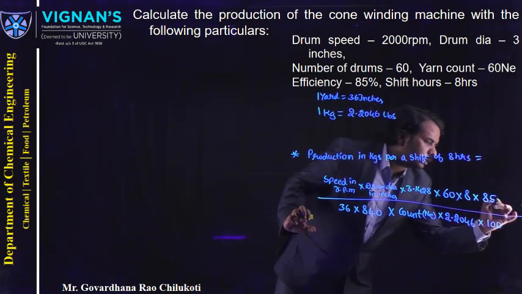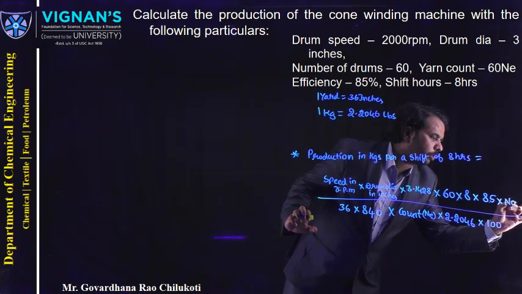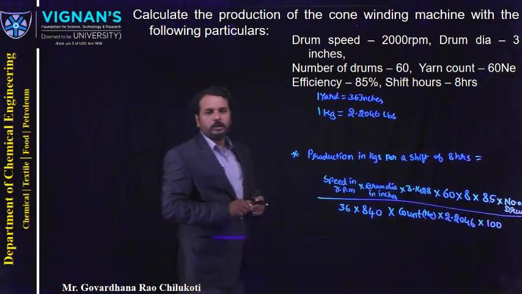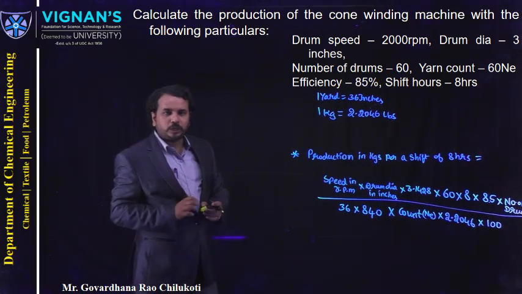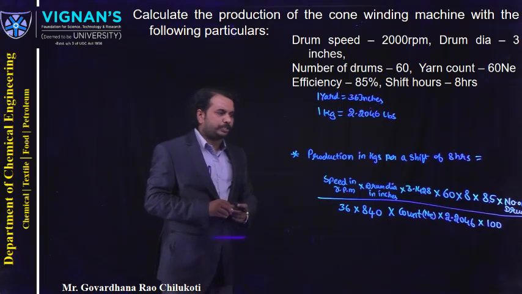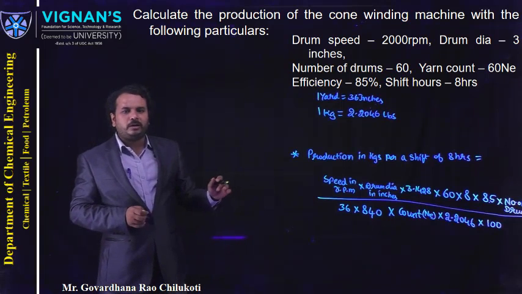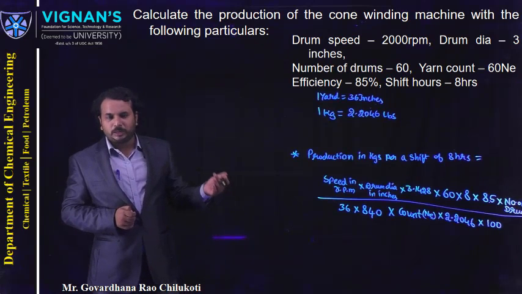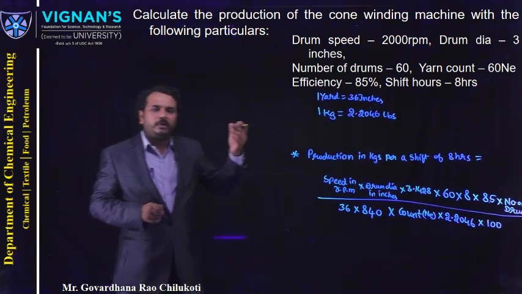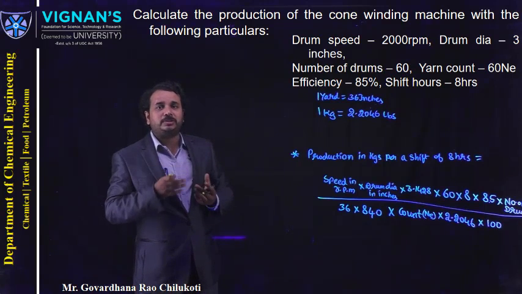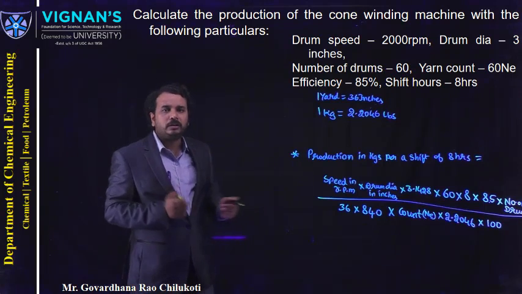So here you can put the number of drums, so that you can calculate the production. By using this formula, we are going to calculate the production of a given winding machine. We need to substitute whatever is given.